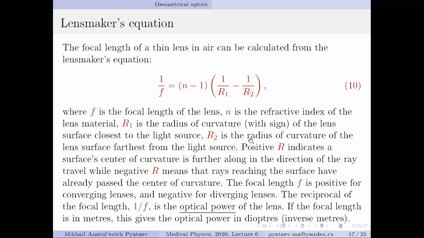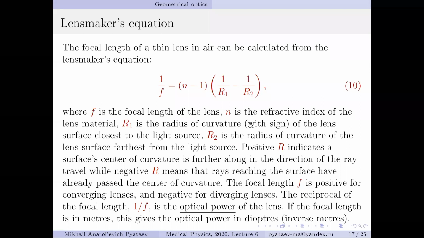So for a biconvex lens, these two radii of curvature will be present in this equation with the same sign.